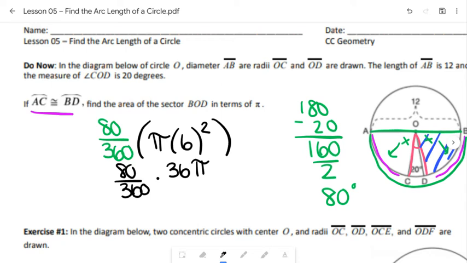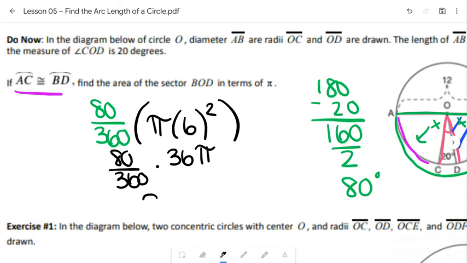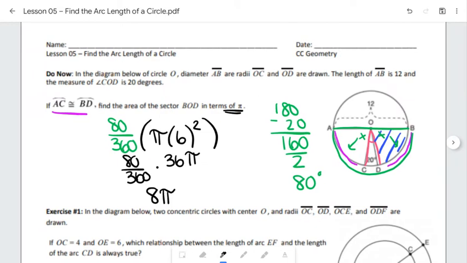That should make sense here, because 36 canceling out with that 360, we're left with a 10 on the bottom. So altogether, 8 pi is the area of this sector. Remember, I'm leaving it in terms of pi, so I shouldn't have any decimal in here. They didn't give me a unit to work with, so I could write units squared, but that's the general idea.